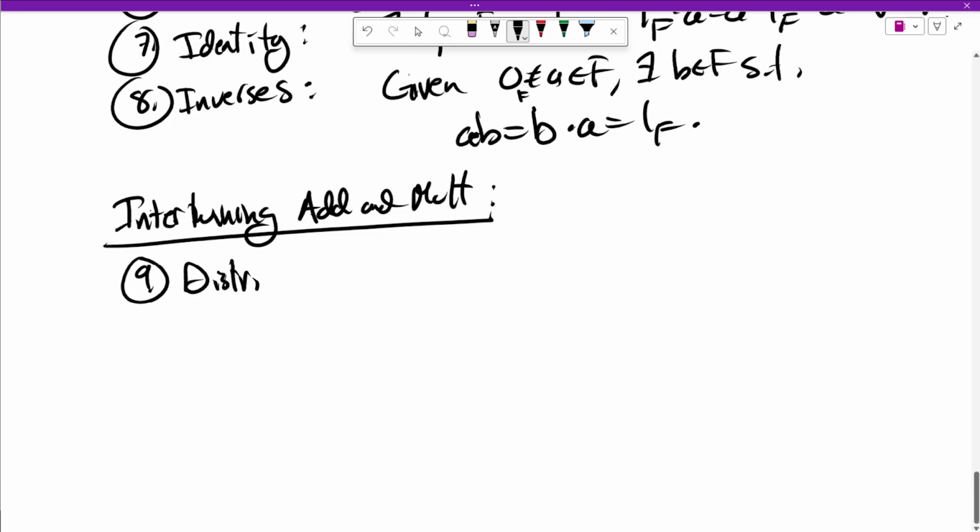This is distributivity. Your book breaks it up as 1 and 2, although it's really just 1 distributive check you have to do twice.